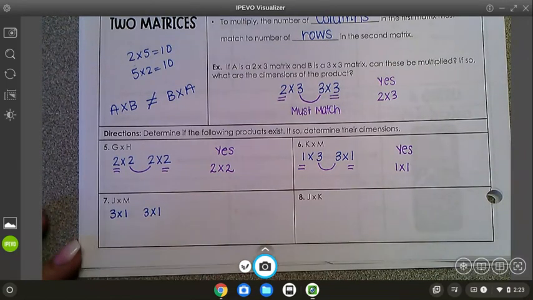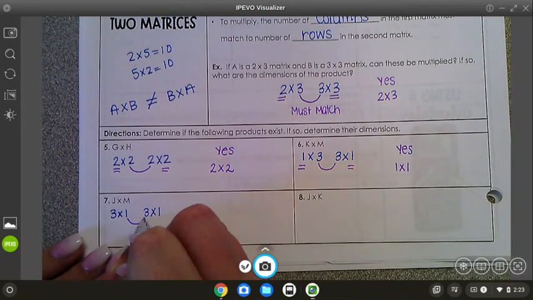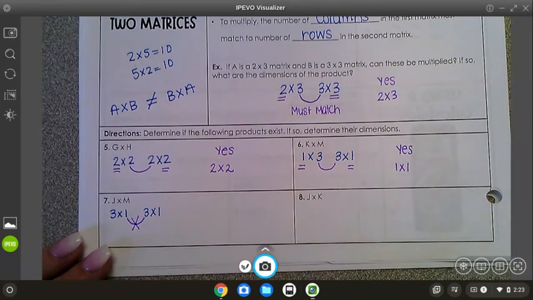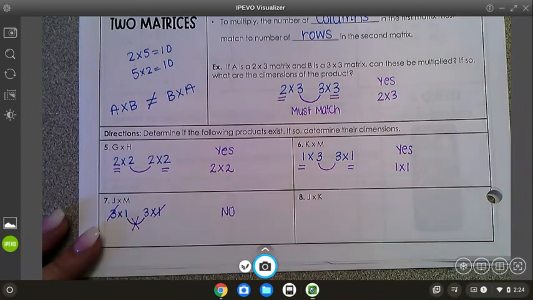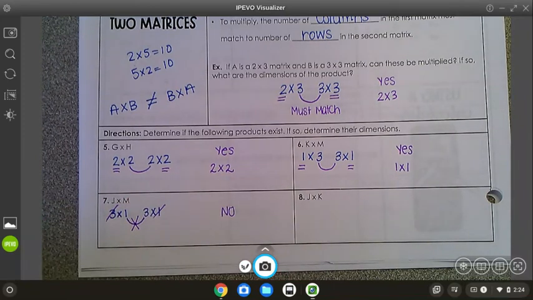So these matrices have the same dimensions. So your instinct would probably say, sure, we can multiply them. But these middle numbers do not match. So no, they cannot be multiplied. So the outside numbers don't even matter because they can't be multiplied to begin with.